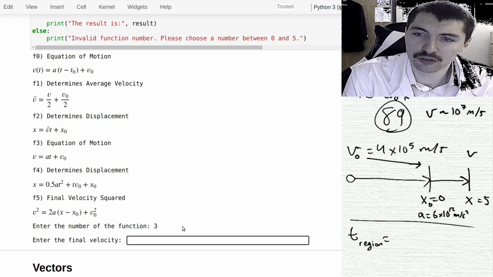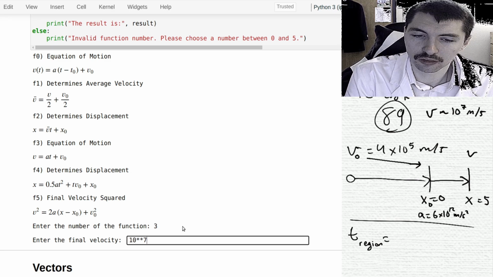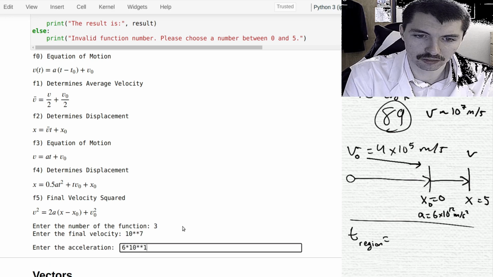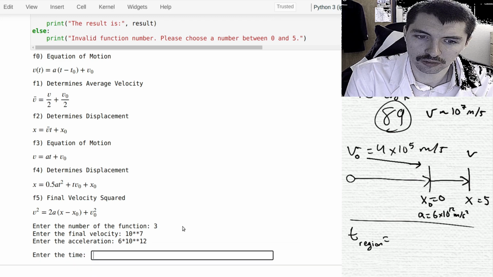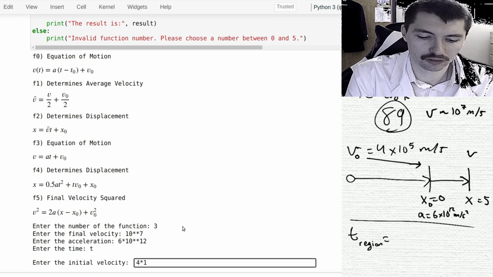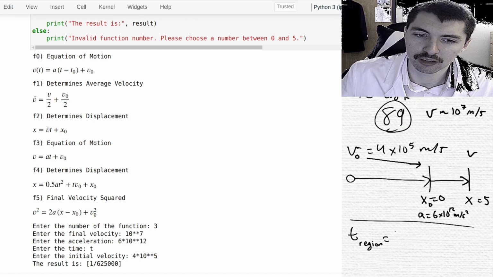Okay, so the final velocity is 10 to the 7 approximately. Acceleration 6 times 10 to the 12. t is what we're solving for, initial velocity 4 times 10 to the 5. t in this region is 1 over 62.